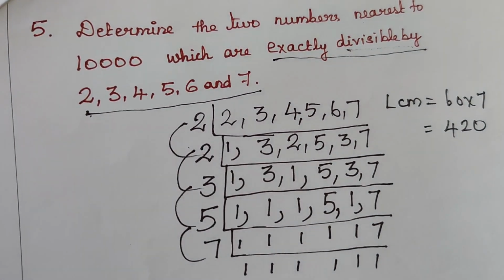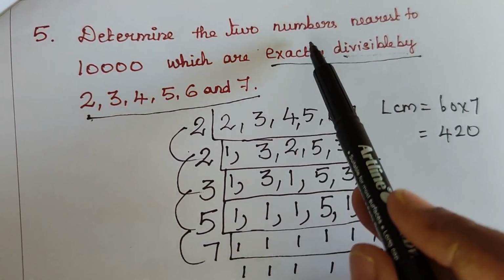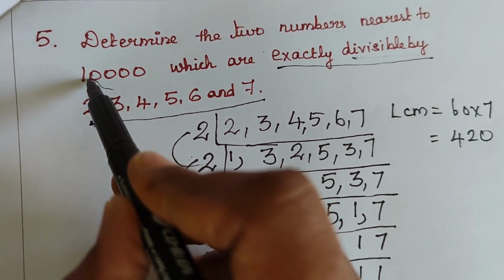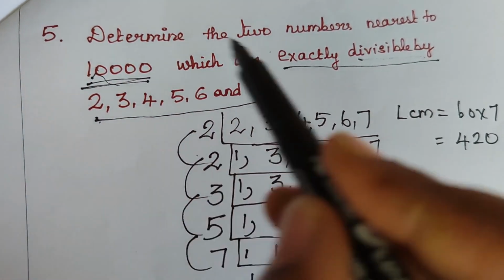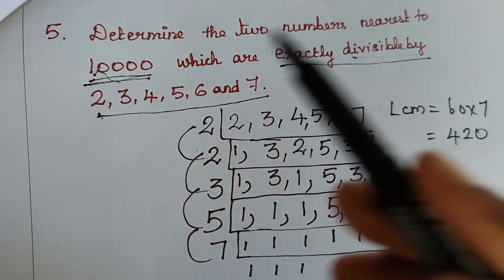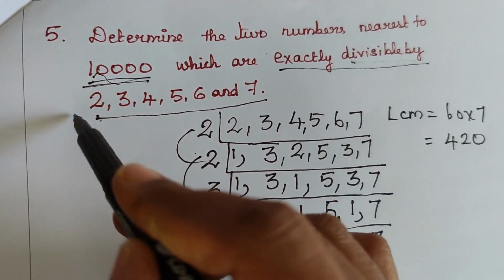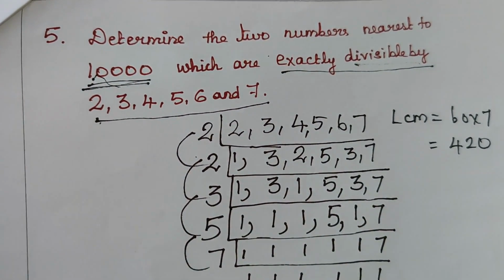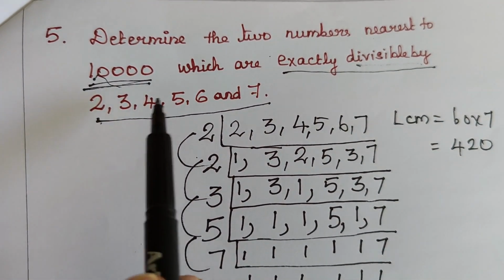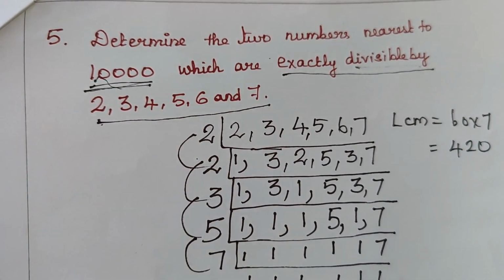Now come back to the question. Determine the two numbers which are nearest to 10,000 which are exactly divisible by 2, 3, 4, 5, 6 and 7. We can replace these numbers by 420 because these numbers divide 420.